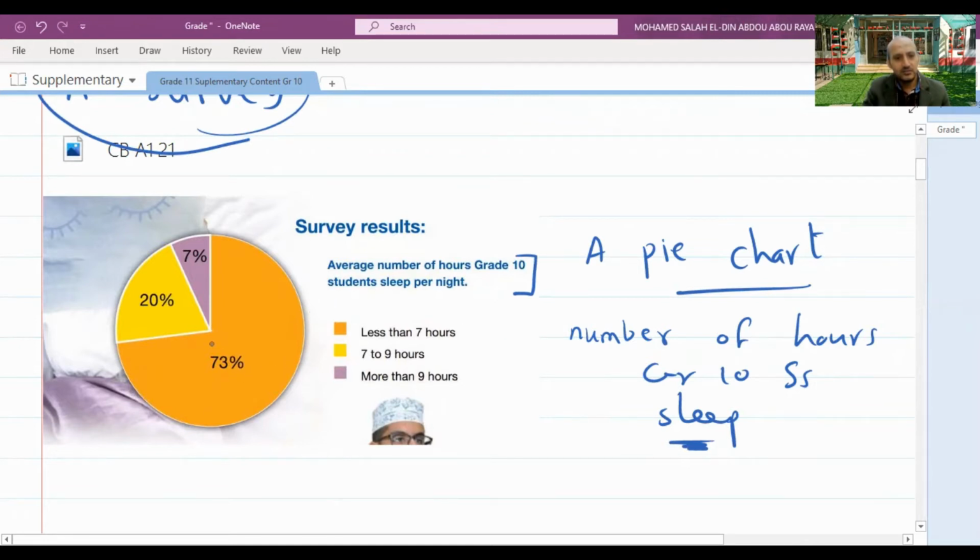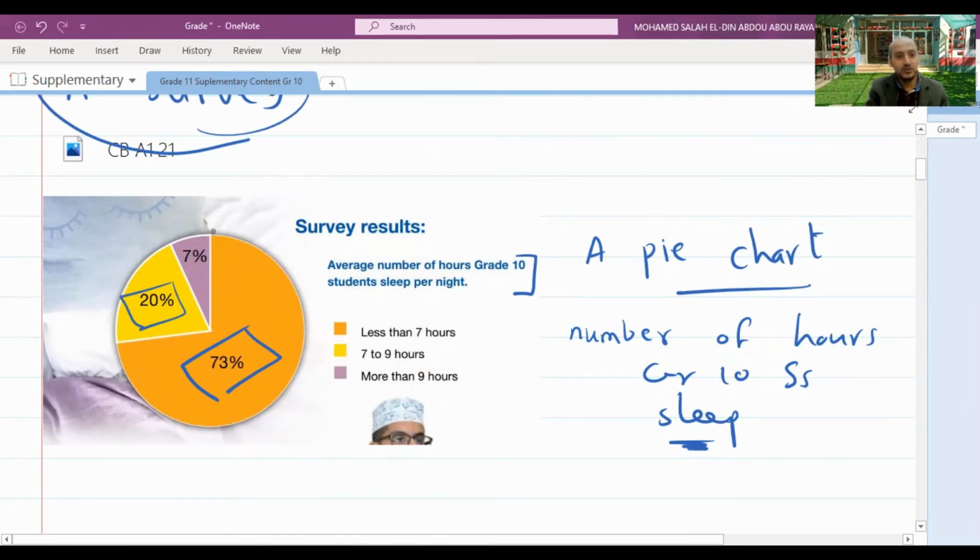When we did the survey, we found these results. 73% of students sleep less than 7 hours, maybe 6, maybe 5, 4, 3. 20% of students sleep from 7 to 9 hours, so at least 7 and at most 9.